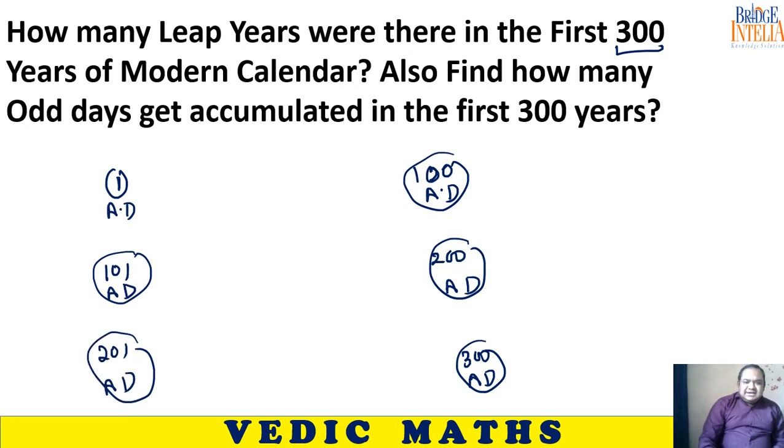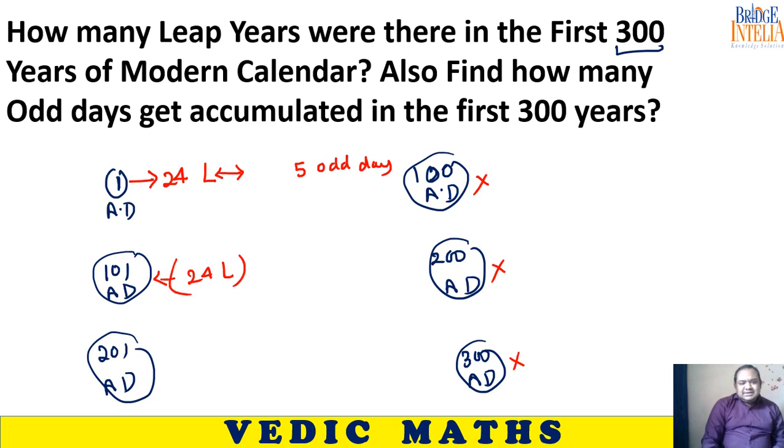So for each of them, there are 24 leap years, and in this time duration 5 odd days get accumulated.